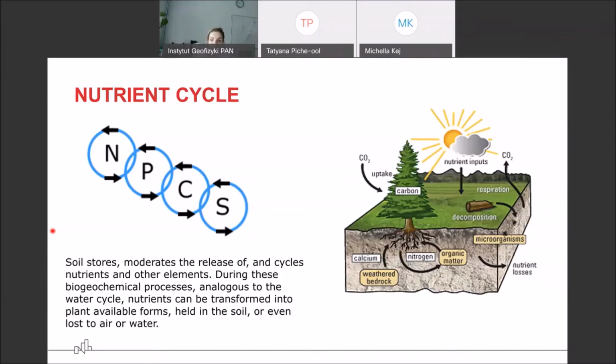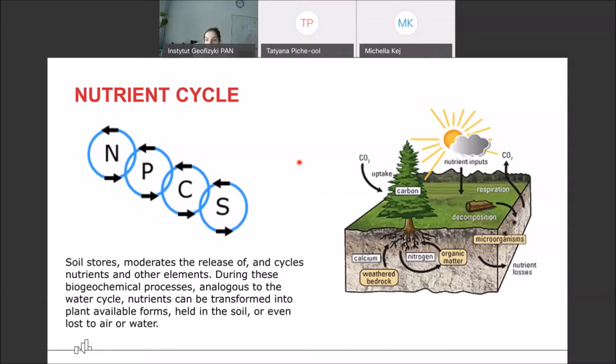So soil in general stores and moderates the release of nutrients and other elements, but also is a theater of cycles of nutrients. There are various biochemical processes which are quite analogous to the water cycle that we know, and the carbon cycle also.